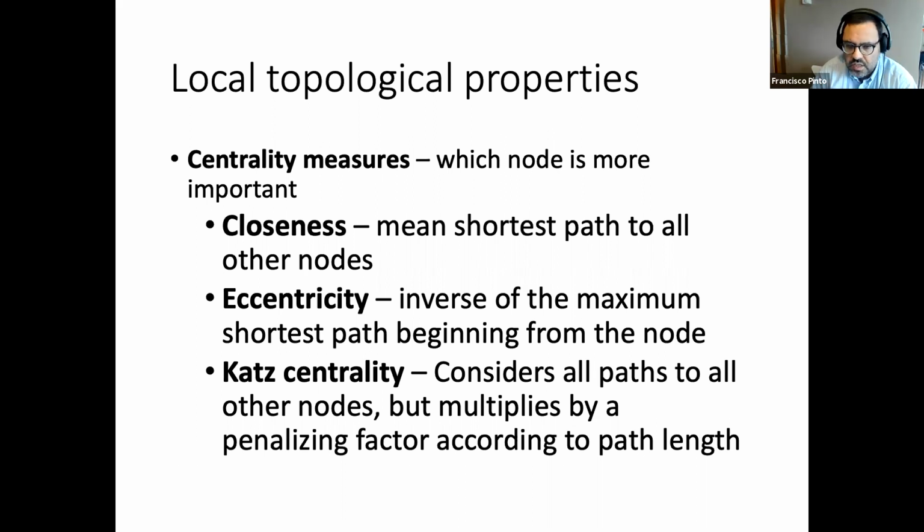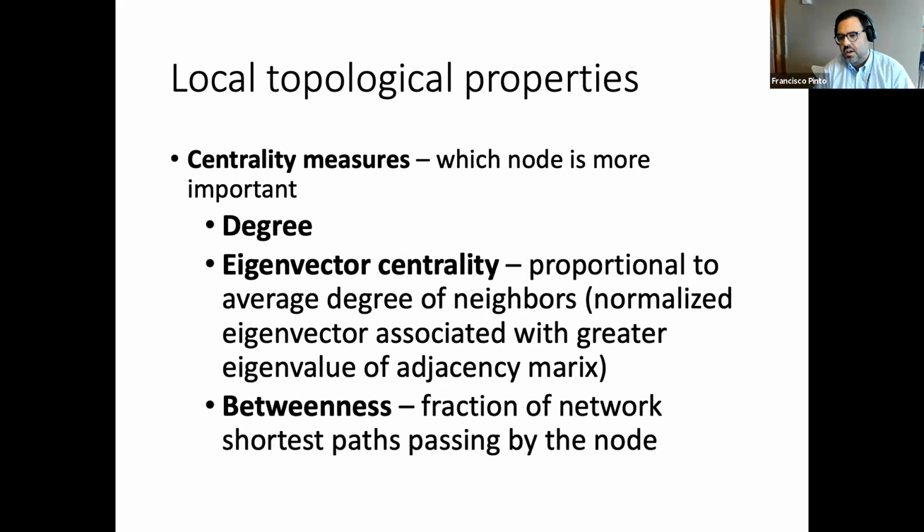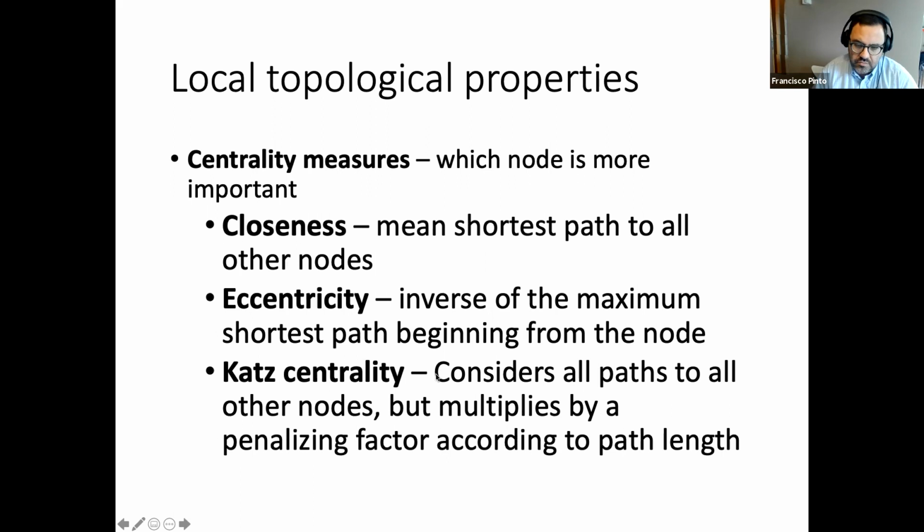Generally, as we saw yesterday, most of these centrality measures are positively correlated. So if a node has a higher closeness, it usually has a higher Katz centrality, a higher degree, higher eigenvector centrality, and higher betweenness. Sometimes there are some nodes that are specialized in one of those centrality measures, like the bottleneck nodes for betweenness. So you can try different approaches, or there are even algorithms that take a global approach.